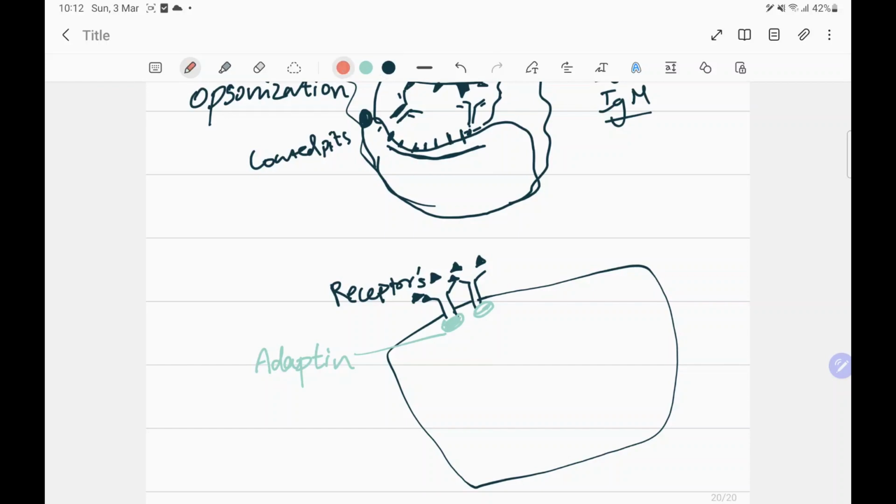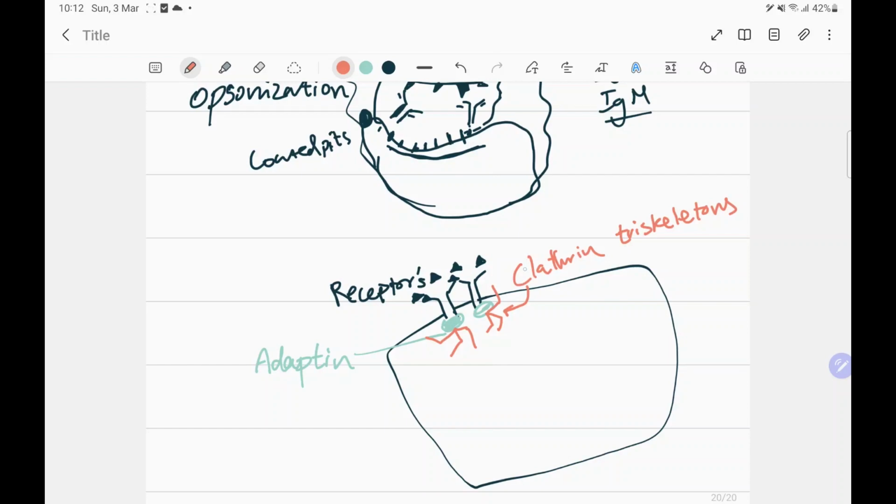Now what happens is the adaptin is then going to allow another important molecule to stick to it, and this is called clathrin. Now look at the structure of clathrin. It's got 3 legs. They're called triskelions. Alright, so that's the structure.